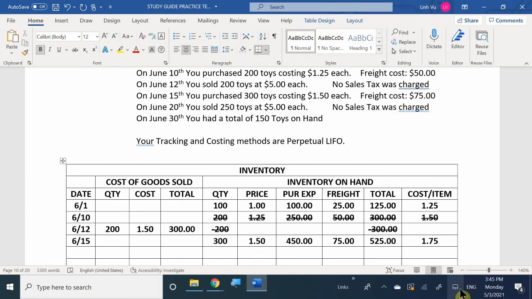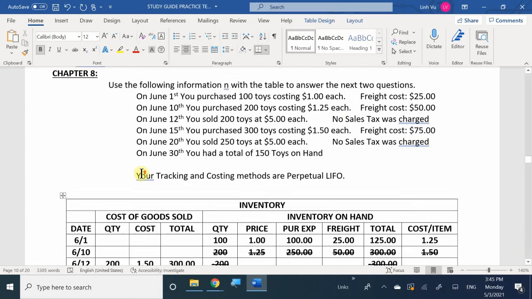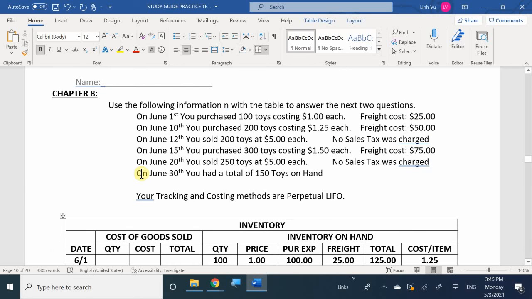Okay. 175. All right, so then what happened next on June 20th? We sold 250 at $5 a piece. No sales tax. So we sold 250 items.